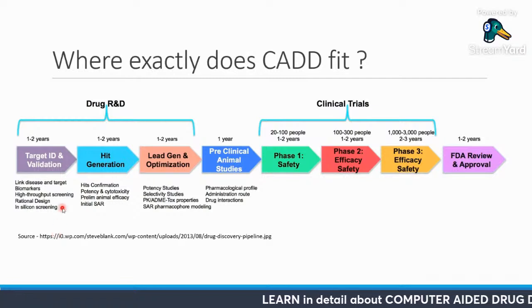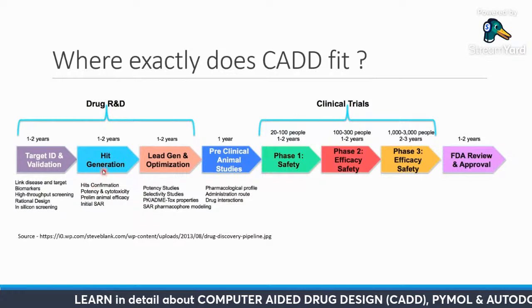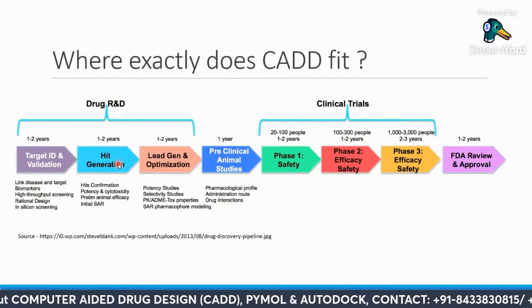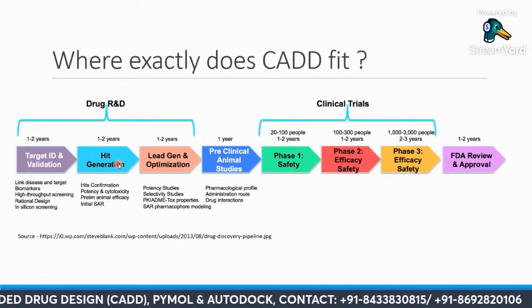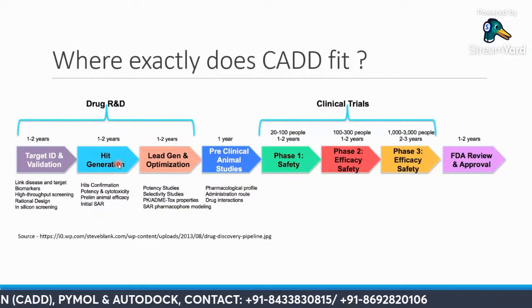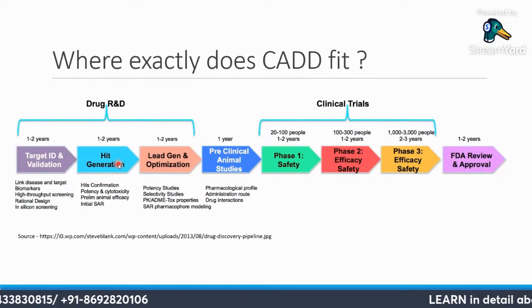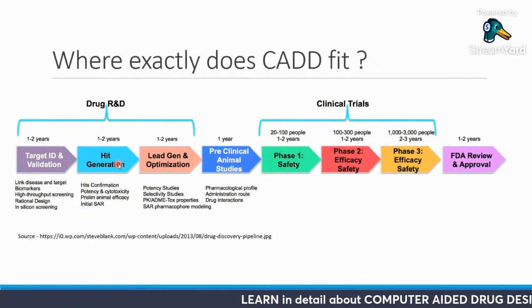So as a computer aided drug design expert, your role would be basically to give the medicinal chemist, or organic chemist who will synthesize the molecule, an idea of what kind of structures might be useful in inhibiting the function of the protein, or what kind of molecules would be useful in going and binding to the protein.